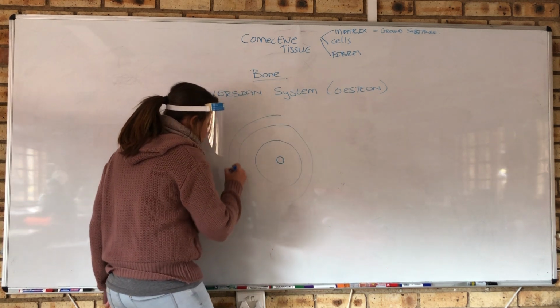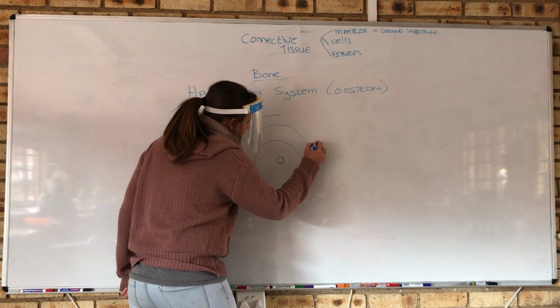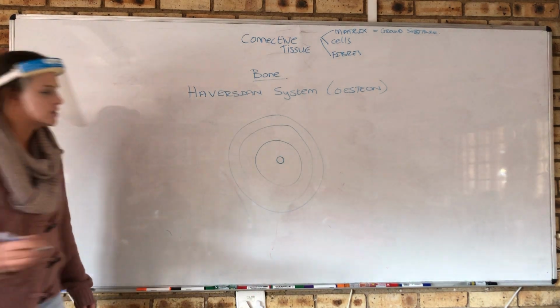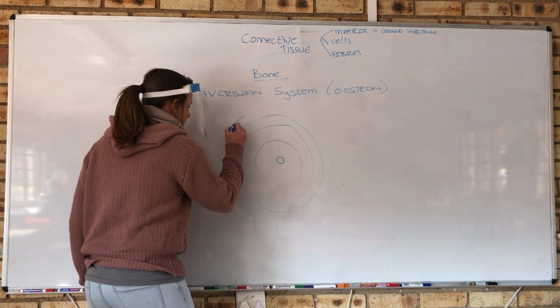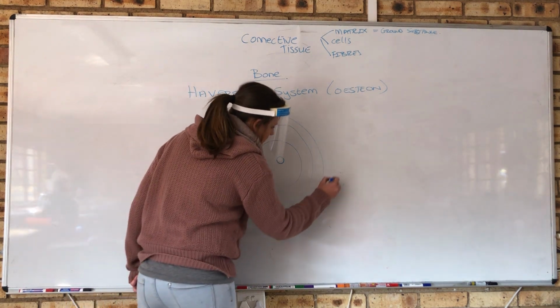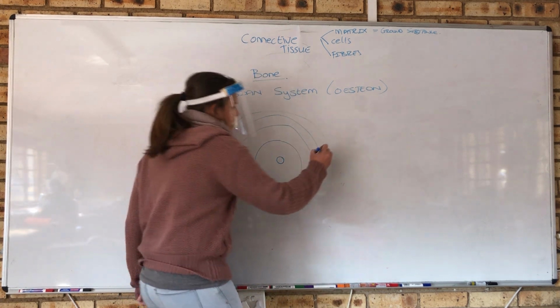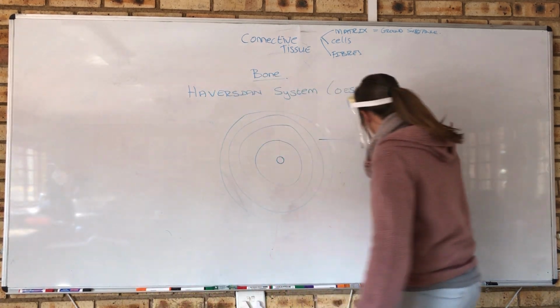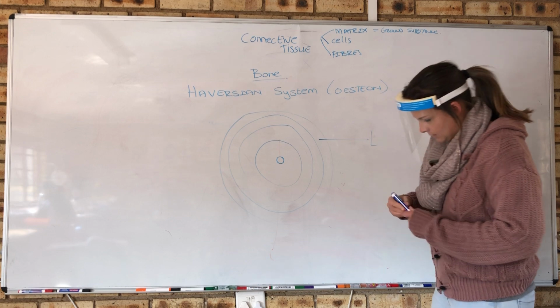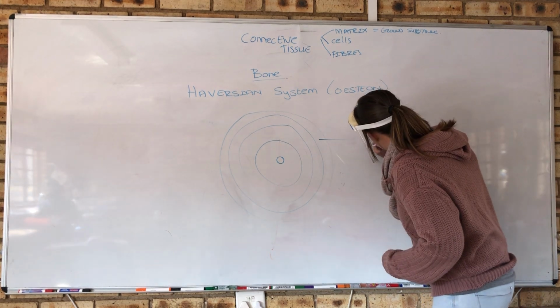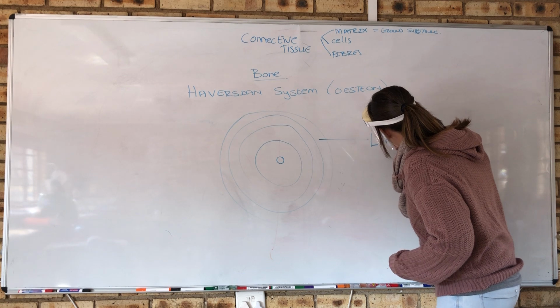So surrounding this is layers, and these layers are called the lamella. So each one of these has got crystallized matrix, which is called the lamella.